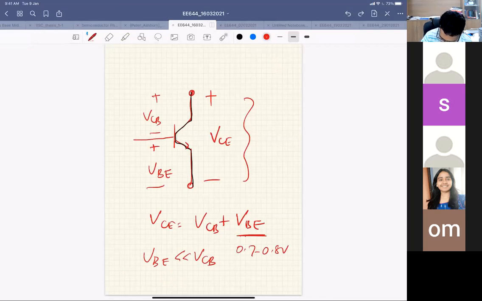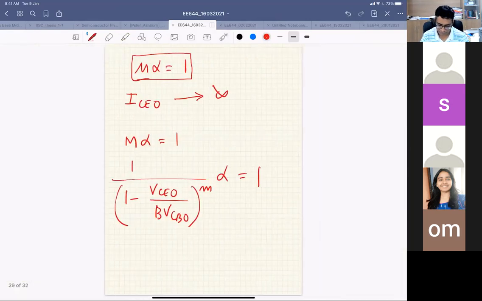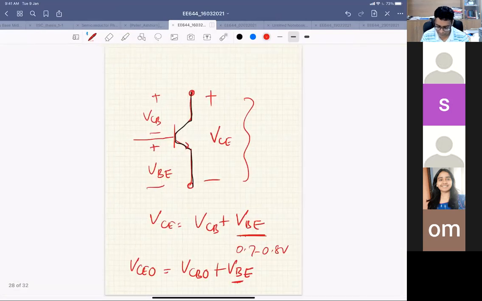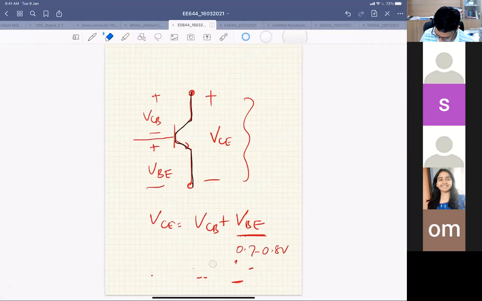So let me write on the breakdown: VCEO is nothing but VCB plus VBE, but VBE is much less. I made some mistake there, not VBCBO.